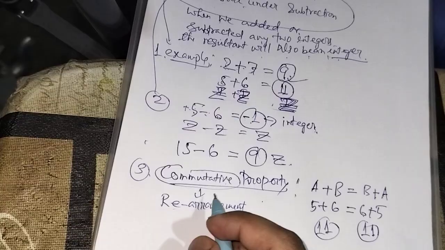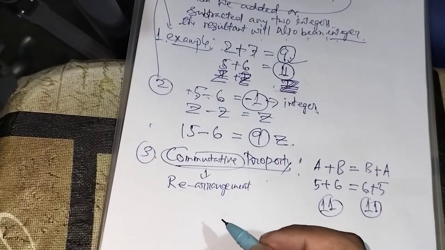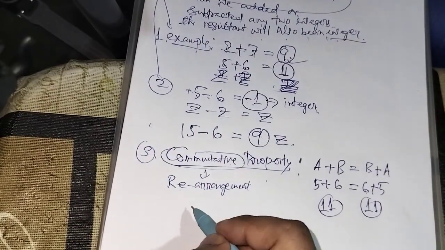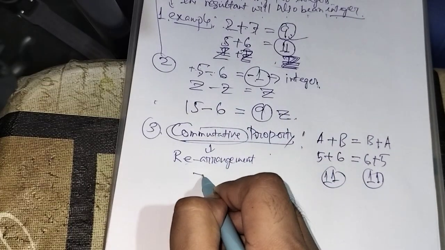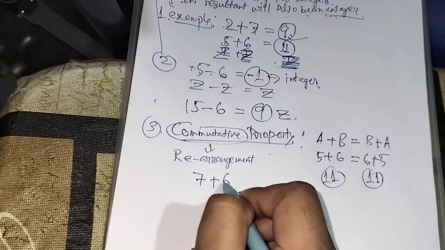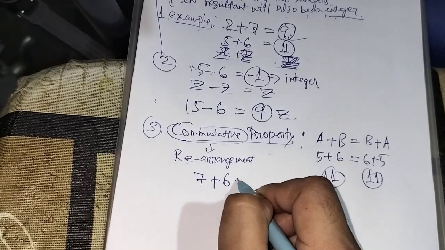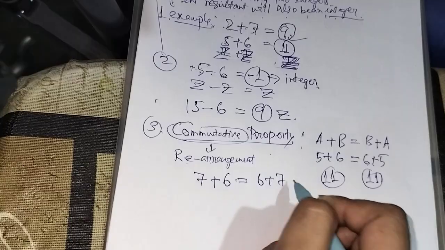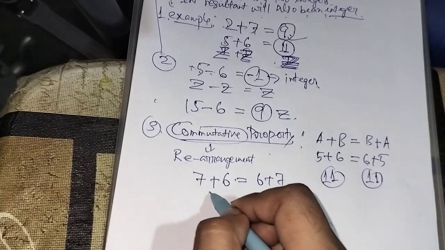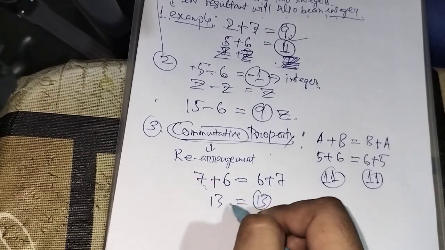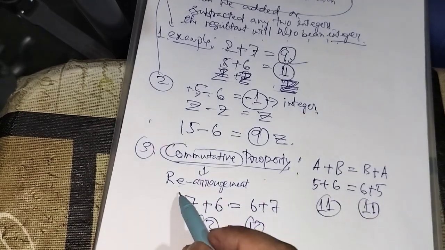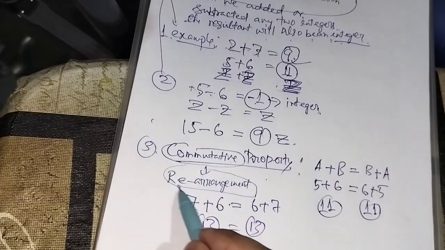Let's see another example. Suppose 7 plus 6, we can also write 6 plus 7. The result is also the same. 7 plus 6 is 13. 6 plus 7 is what? 13, isn't it? So it is just rearrangement.